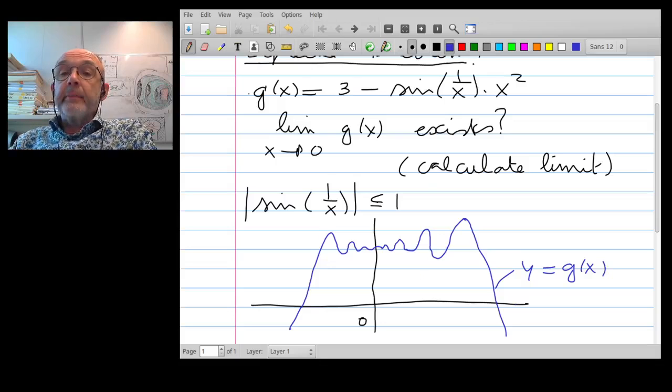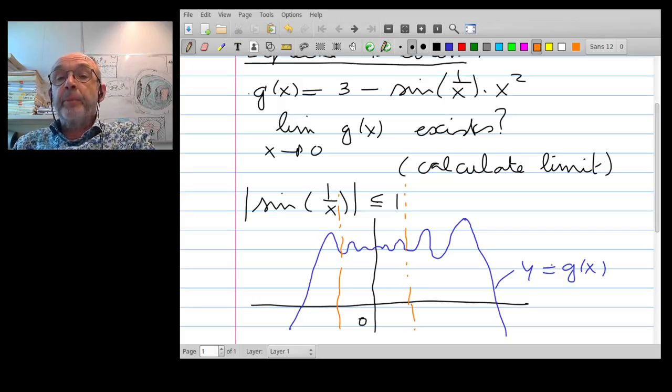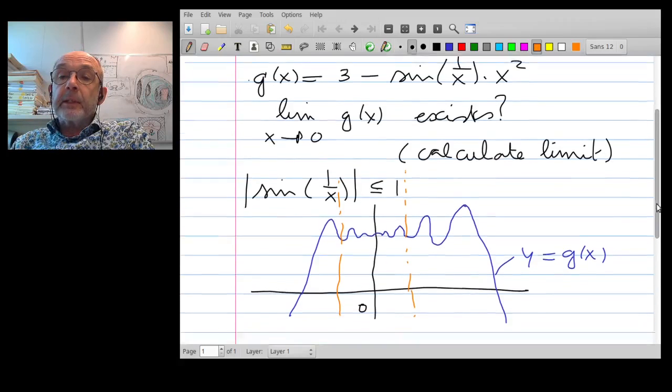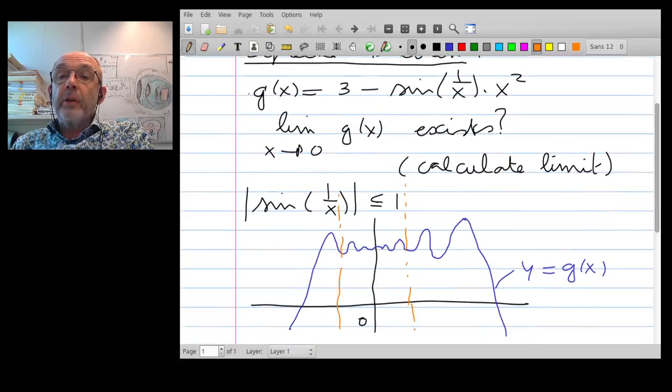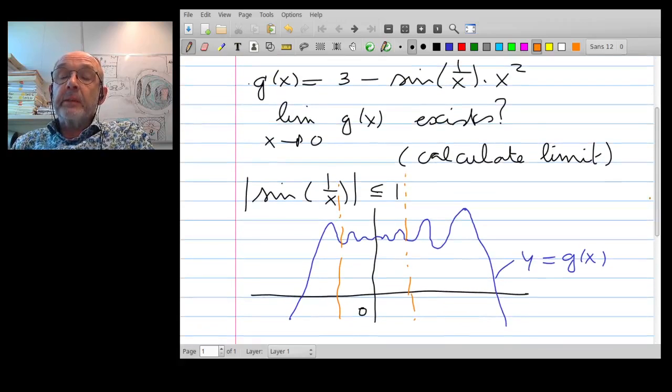Now, I have to take the limit from x going to 0. So I have some area here around 0. There I have to look. What goes further on doesn't matter to me, only the area near 0. And then I am asking myself if I can find an upper boundary and a lower boundary.